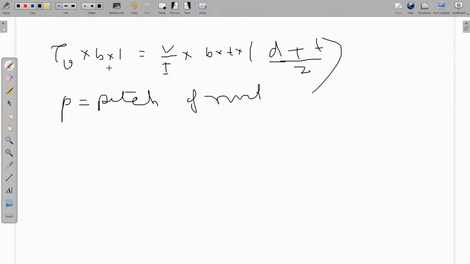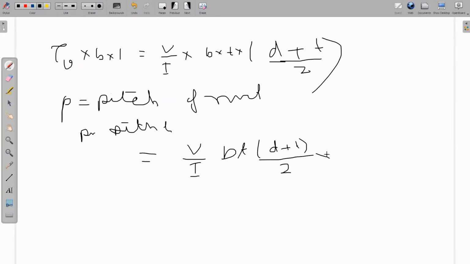If I am interested to find out this value for per pitch length, then what will this value be? For per pitch length, this will be V by I into B T into D plus T by 2, into P. You have to multiply this by the pitch. Okay, so per pitch length the horizontal shear force is this.